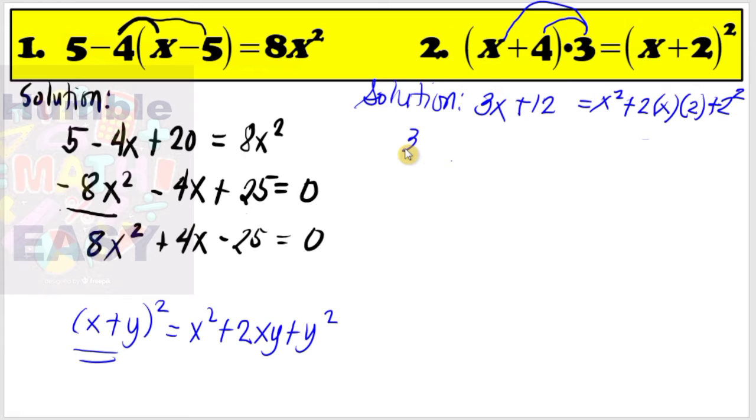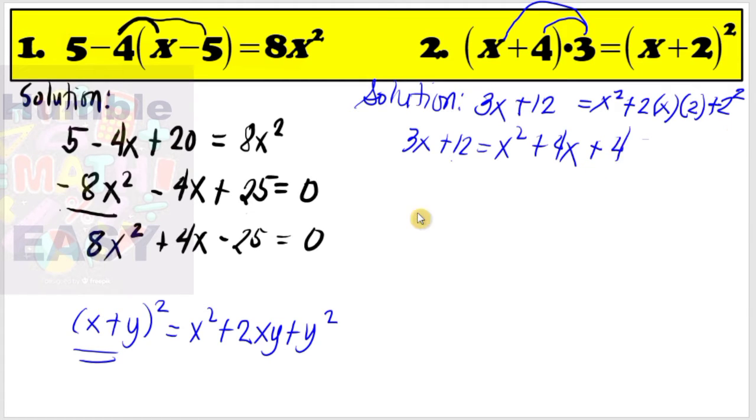So here we have 3x plus 12 is equal to x squared plus 4x, because 2 times x times 2 is 4x. Then the square of 2 is 4.